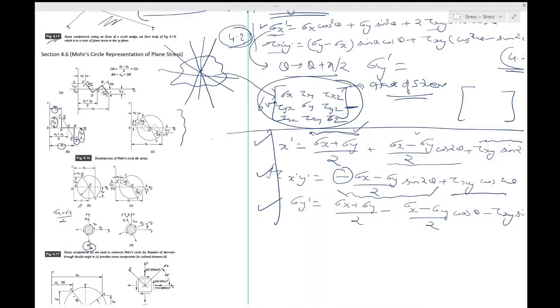Now with C as the center and xy, it is clearly possible for you to find the radius of this circle. You can draw the circle. Once the circle has been constructed, it may be used to determine the stress components sigma x dash, sigma y dash and tau xy dash shown in figure 4.17d.